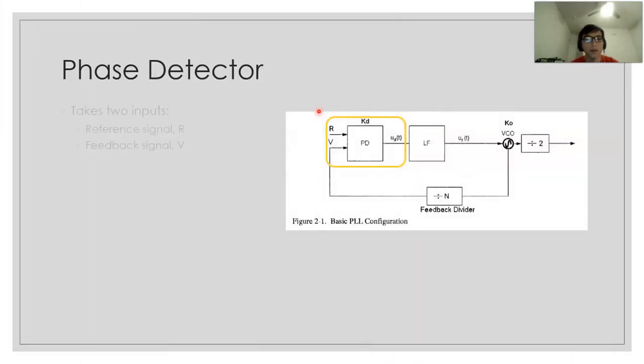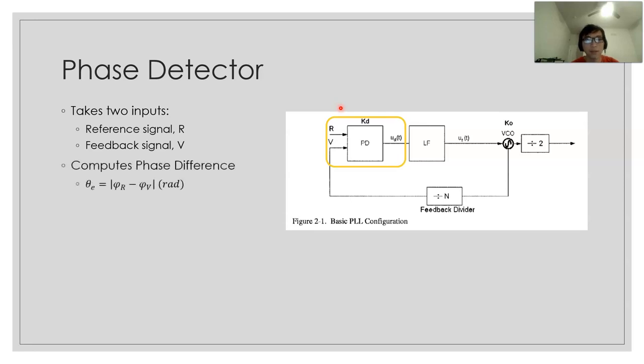The next thing I want to tell you about is the phase detector. As we discussed, it takes in two inputs, the reference signal R and the feedback signal V. How does it calculate the output signal that represents the difference in phase and frequency of R and V?